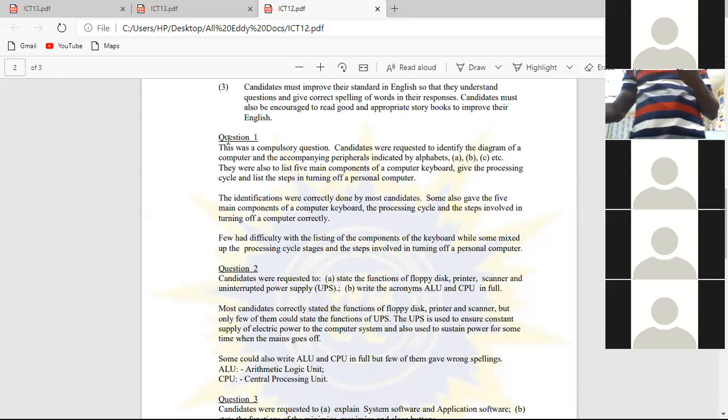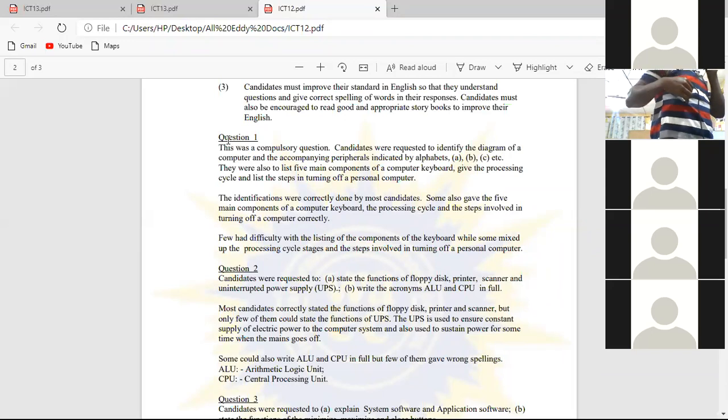The identifications were correctly done by most of the candidates. Some also gave the 5 main components of a computer keyboard, the processing cycle, and the steps involved in turning off a computer correctly. Few had difficulty with the listing of the components of the keyboard, while some mixed up the processing cycle stages and steps involved in turning off a personal computer.